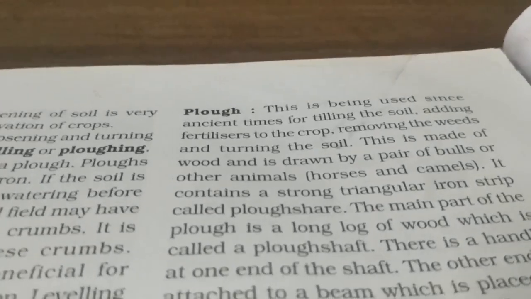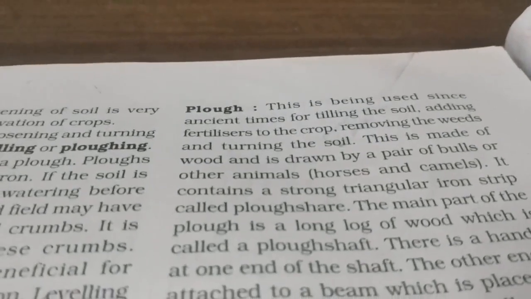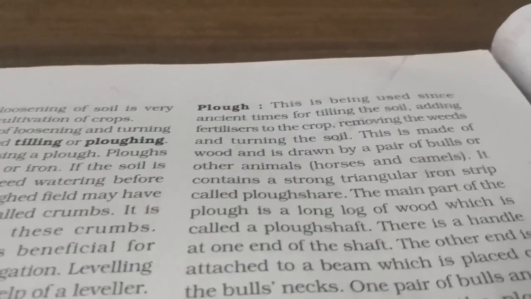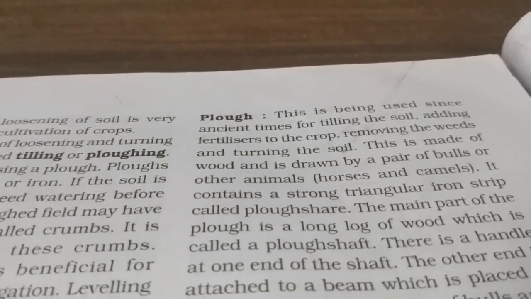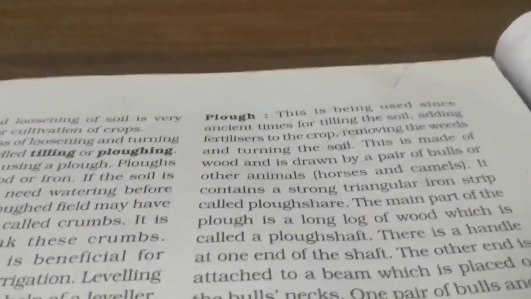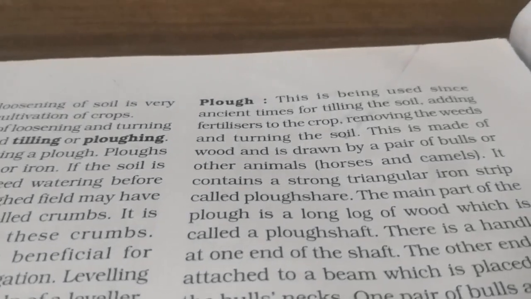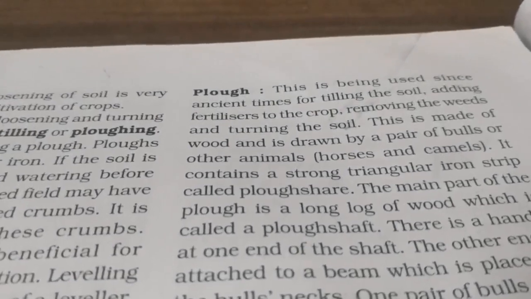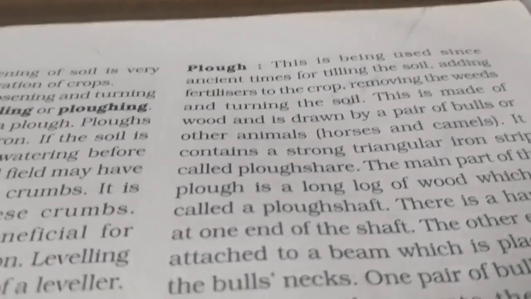Then removing the weeds. What is the meaning of weeds? Weeds are plants, but they are unwanted plants that grow along with the crops. In the field, certain unwanted or unnecessary plants grow. So the farmers have to remove these weeds from the field in order to get a clear field, and that is the method of removing weeds.